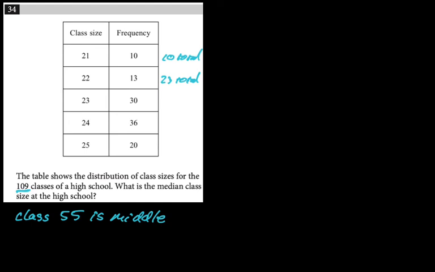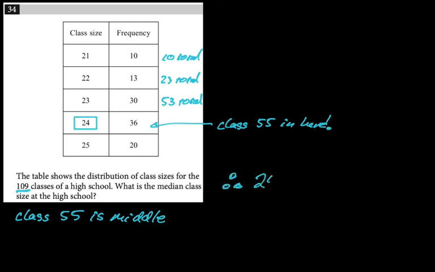Now there's 30 that have 23 students, so when we put them all in a line, that'll get us up to 53 total classes, which means because there's 36 in the next bunch, the 55th class in order is definitely in there. And because the 55th class is in there, the median class size must be 24. So I think that 24 is definitely the answer. And that's how I would have done it.